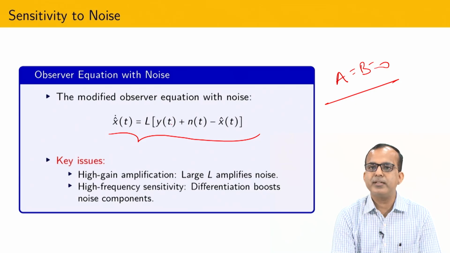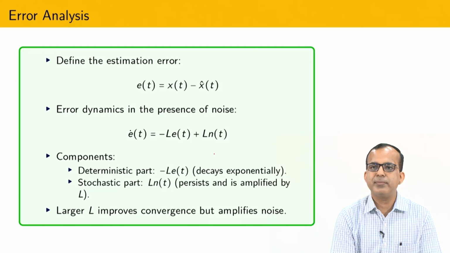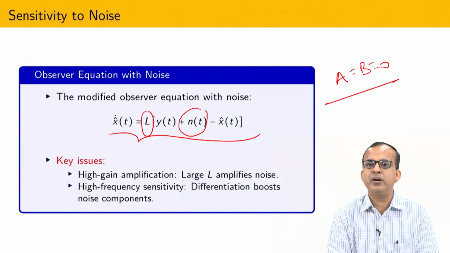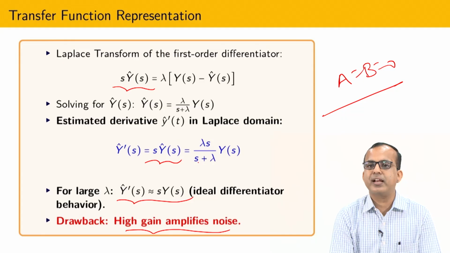At this time, whatever measurement quantity y(t) is affected by noise, so that term also comes into picture. Now, I have to design L such that I can get differentiation. But here if you see the dynamics, if L is the high gain, our overall dynamics is highly affected by this particular gain, because L I have to keep very large. We have already proved here under which situation the observer will work like a differentiator.